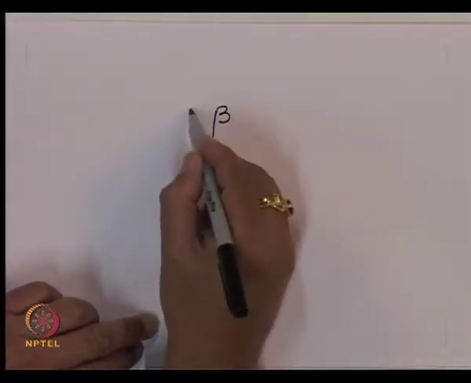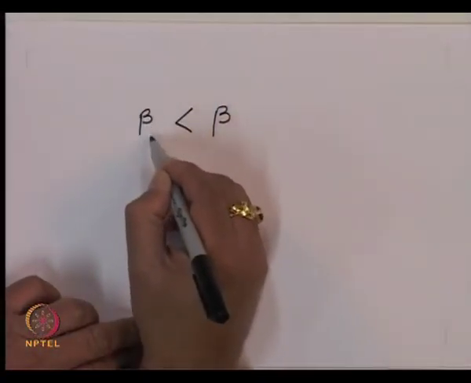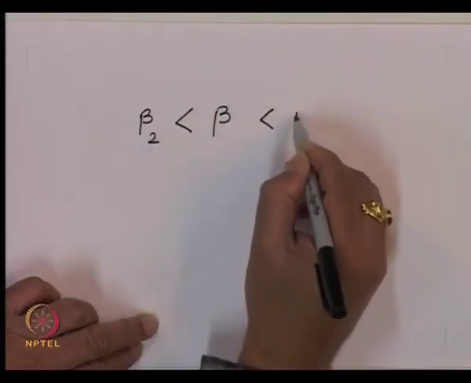So, in this process, by choosing the proper functions, unknowingly we have already committed to the range of beta. Beta cannot be any arbitrary thing now. Since U has to be real, beta has to be less than beta 1, and W has to be real, so beta has to be greater than beta 2. So, essentially we are saying this propagation constant beta is bound by two limits, beta 2 and beta 1.